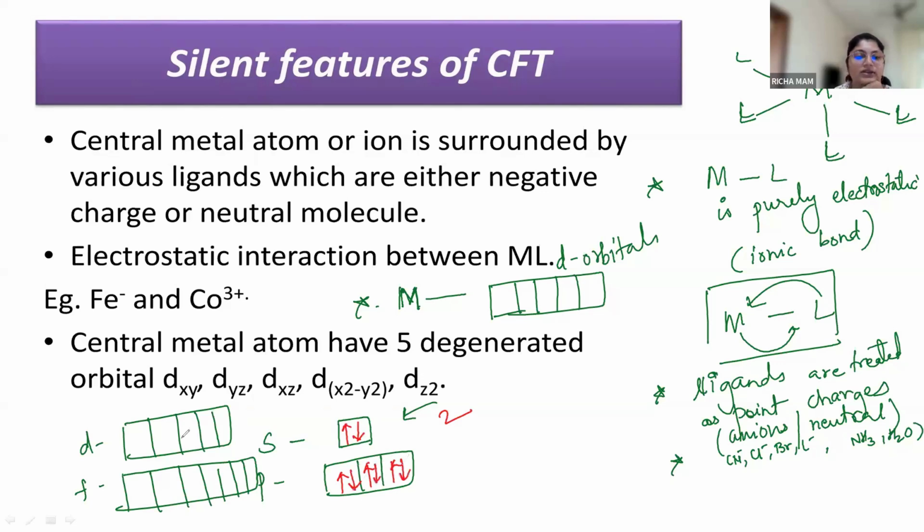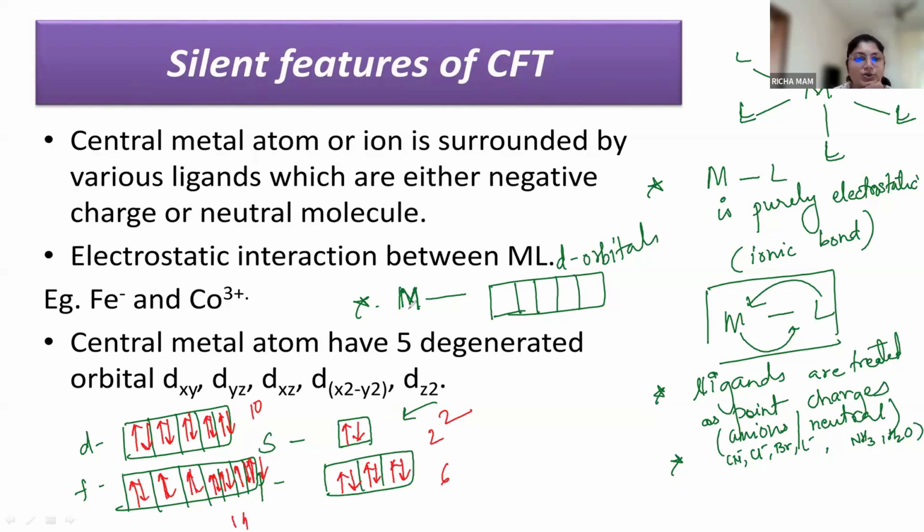In d orbitals, the maximum is 10. In f orbitals, the maximum is 14. I am talking about the maximum number.